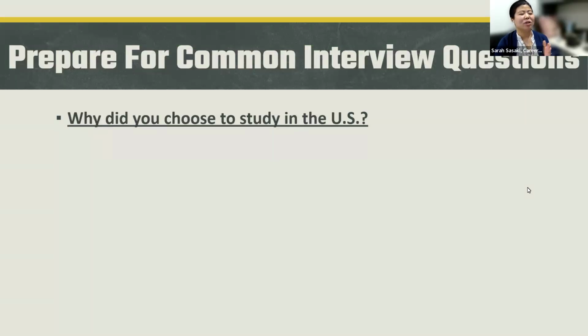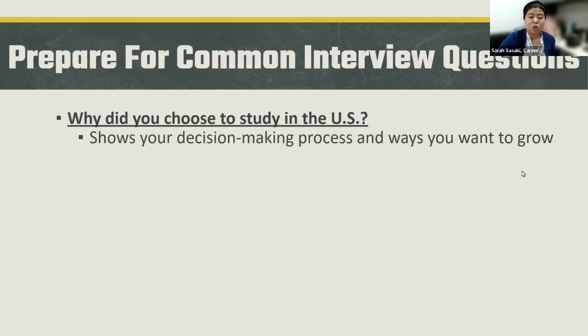All right, so now we're looking at preparing for common interview questions. There's a lot they could ask, but I would say these are really good questions to think about and practice responses for. For this first one: why did you choose to study in the US? I feel like this question helps give more detail about who you are and why you made this decision for yourself.